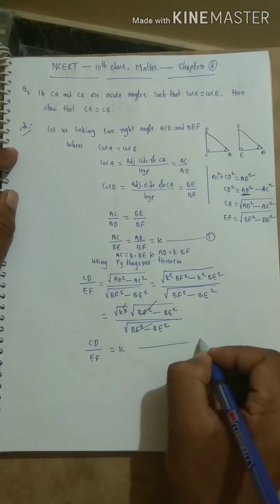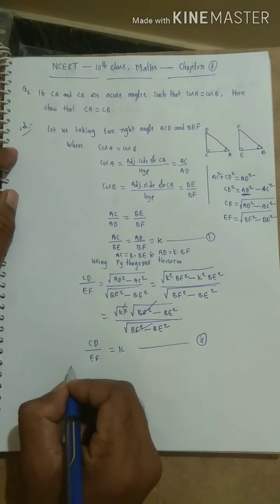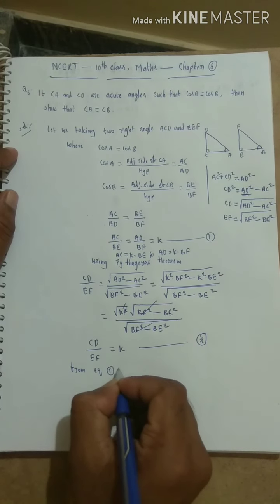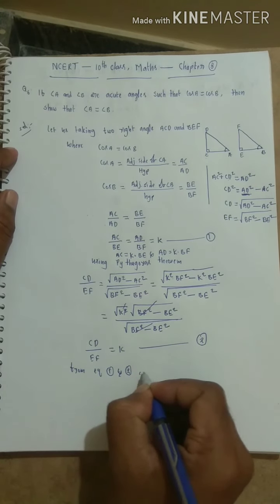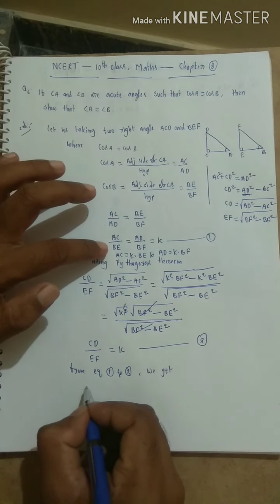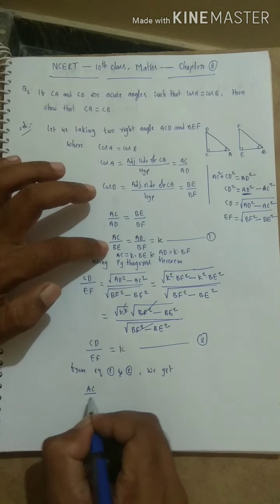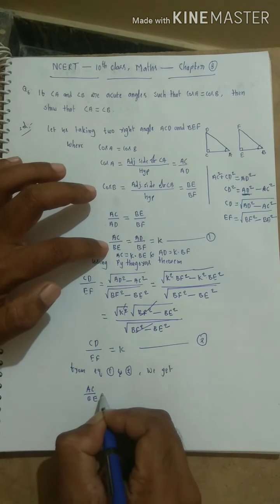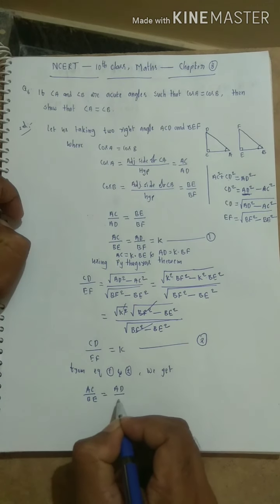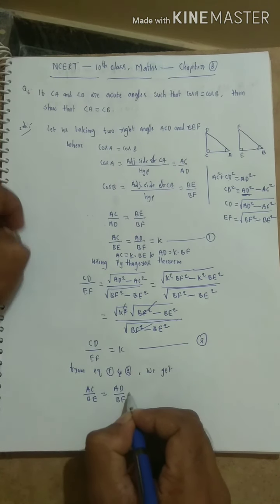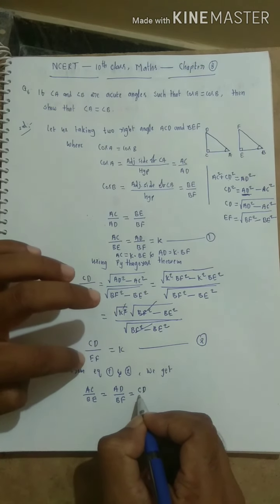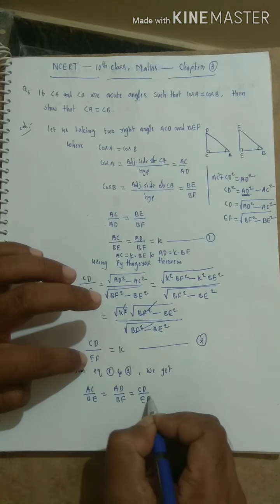This is equation 2. From equation 1 and 2 we get, equation 1 is AC upon BE, which is equal to AD upon BF, is equal to K. Here K is CD upon EF.